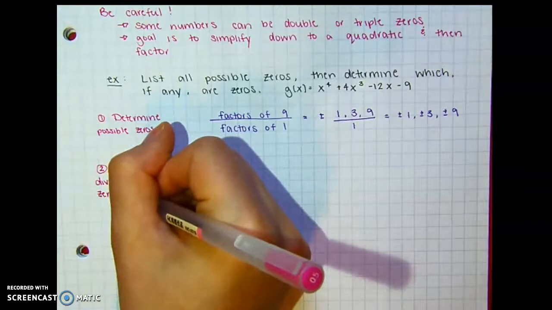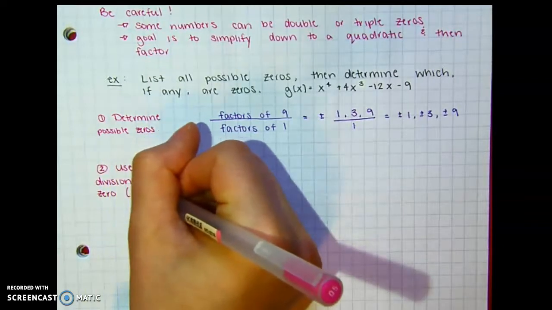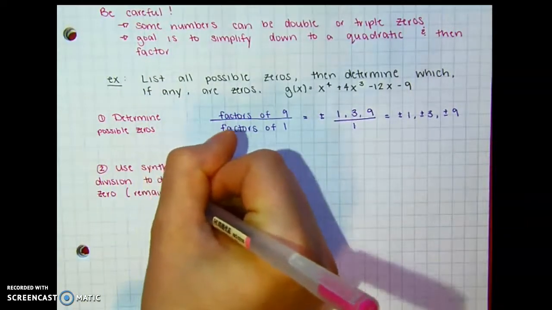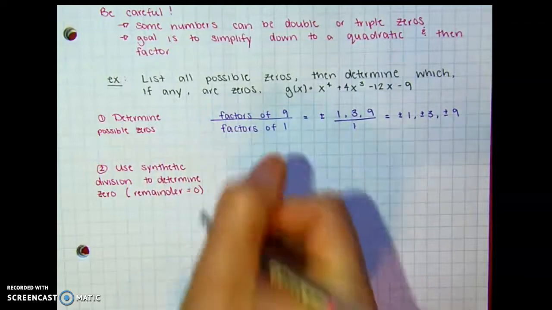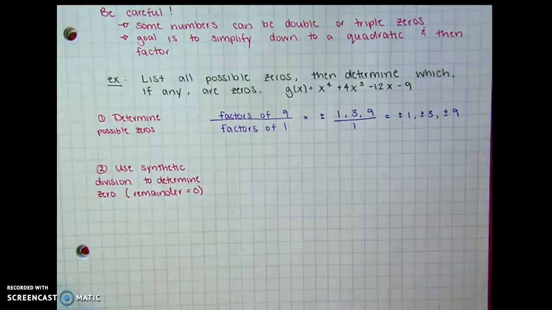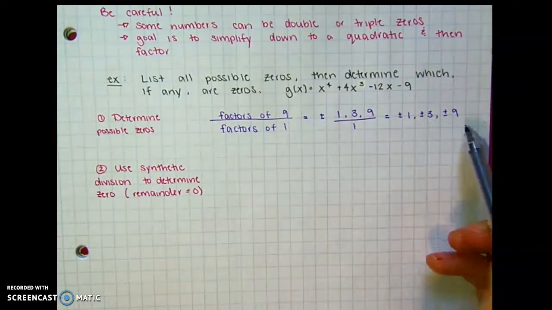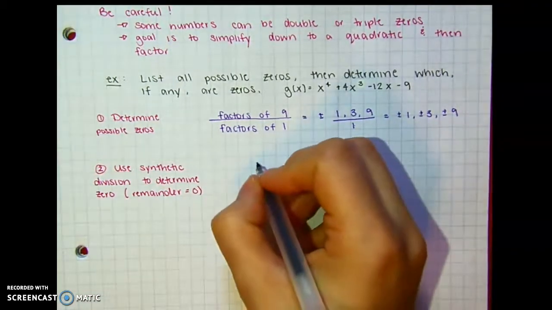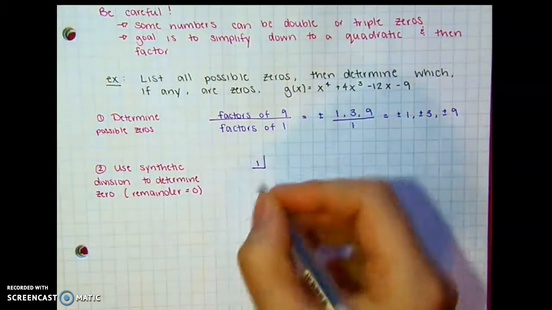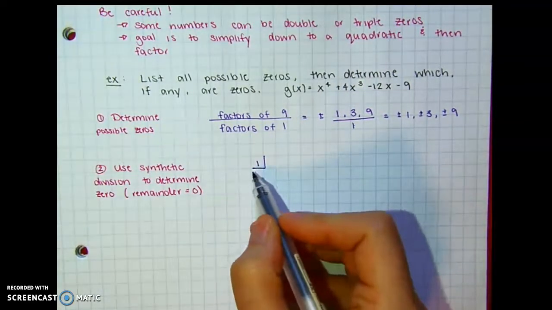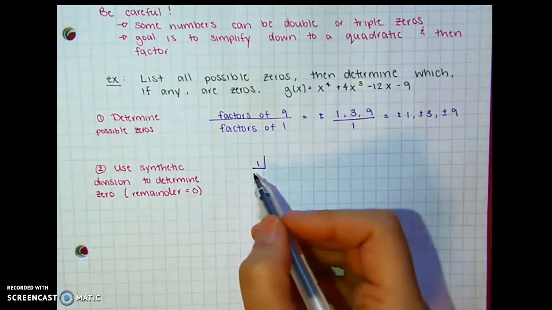That's the remainder equaling 0, right? So if we use synthetic division with one of these and we get a remainder of 0, then we know that is one of the zeros. So you can pick one to start with. Let's start with 1. So right now we are testing, is positive 1 a zero?